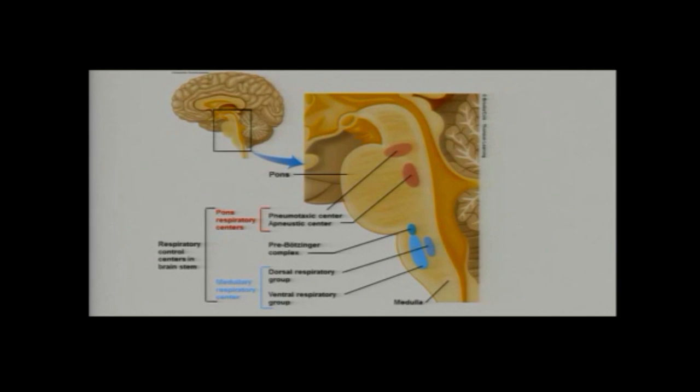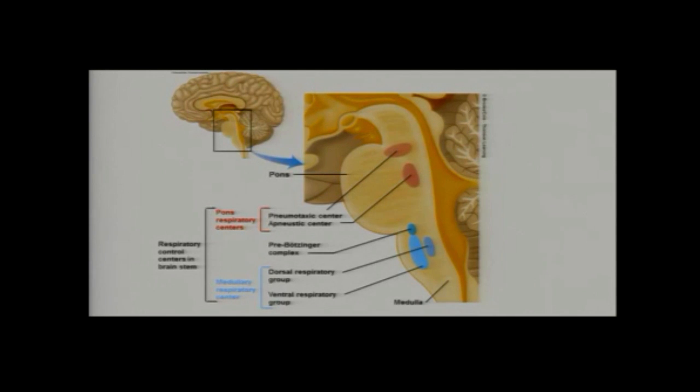Okay? So why is it that I start to breathe more rapidly and more deeply when I'm climbing stairs? Because I'm contracting muscle, my rate of oxygen consumption is increasing, my metabolic demands are increasing. So I need to get more oxygen in my body and deliver it to tissue.